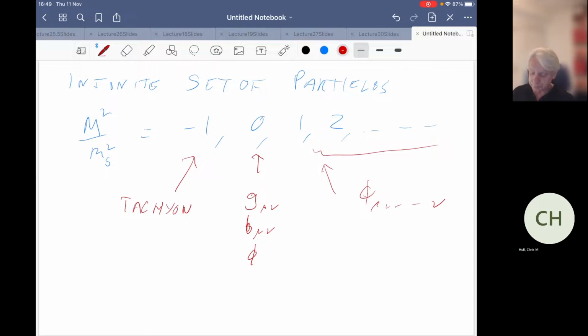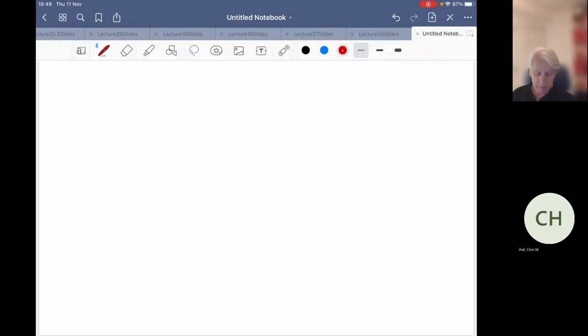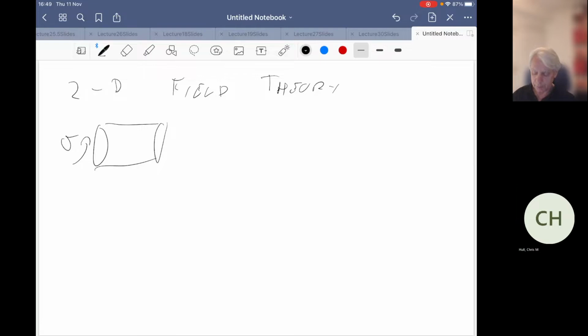And we can think of it as a two-dimensional field theory. If on the string world sheet we introduce a coordinate sigma around the circle, and a tau describing the proper time of the evolution of the string, then the embedding of this cylinder in space-time is given by space-time coordinates dependent on sigma and tau.